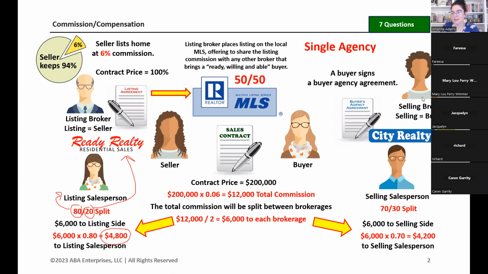All right. Priscilla says, I've seen that 70-30 split on the selling side. Is that the rate? No, no. Priscilla, every company has a different split. And a lot of companies will have multiple levels of splits. So when you guys pass your state licensing exam and you're interviewing brokers, talk to them about money.